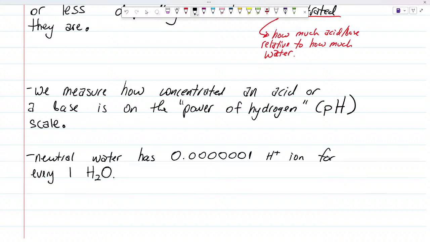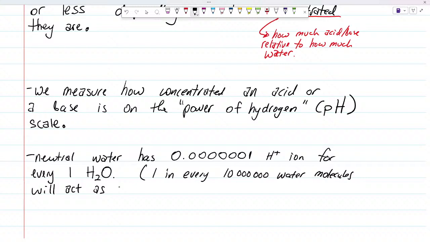H2O. In other words, 1 in, how big is that? 10 billion. 1 in every 10 billion water molecules will act as an acid. So even pure water has some acidity to it.